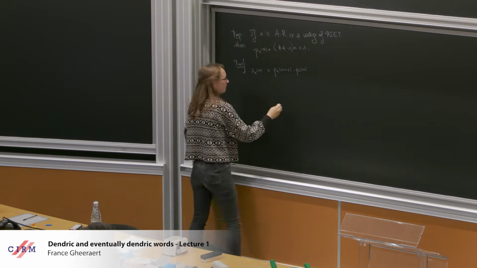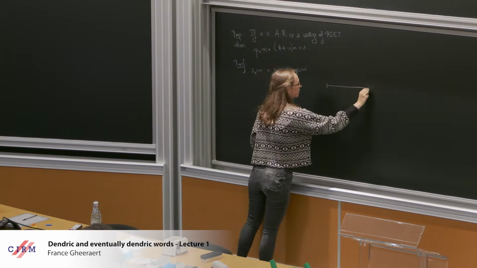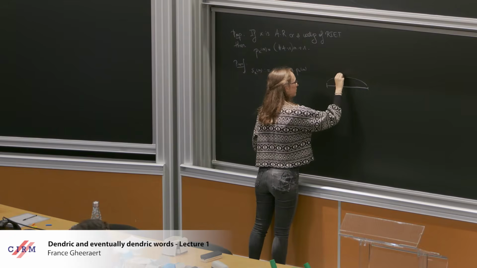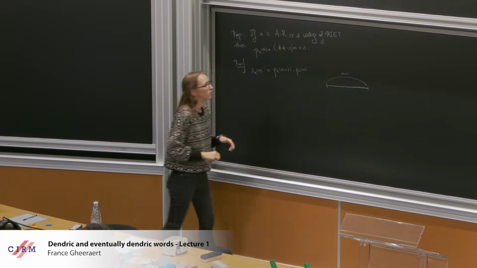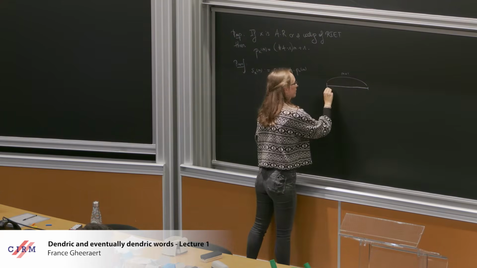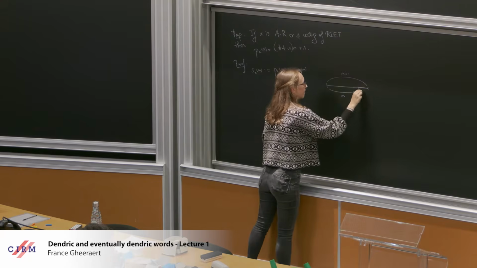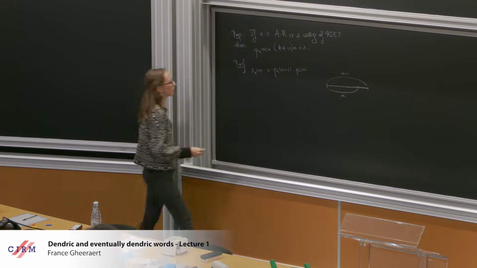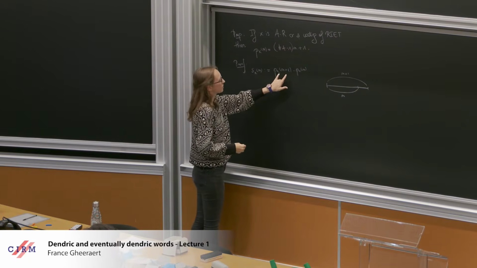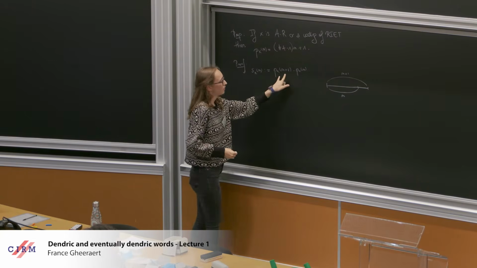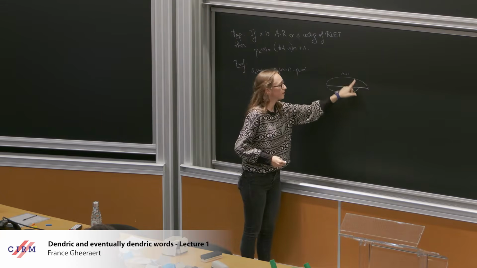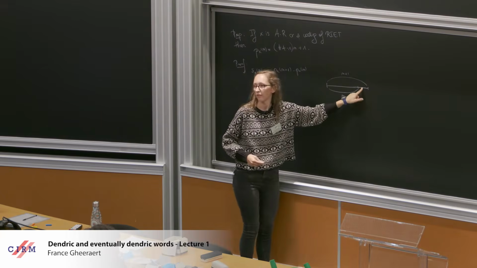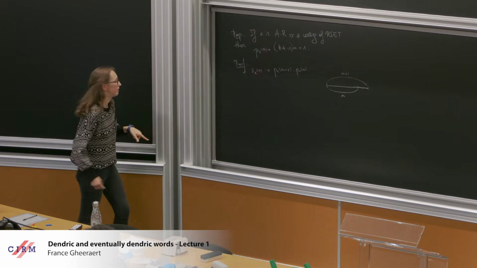But a word of length n plus 1, I can always cut it into two parts, a word of length n and then some last letter. Okay? So actually the words of length n plus 1 are, for each word of length n, I have as many different words of length n plus 1 as I have letter possibilities on the right.